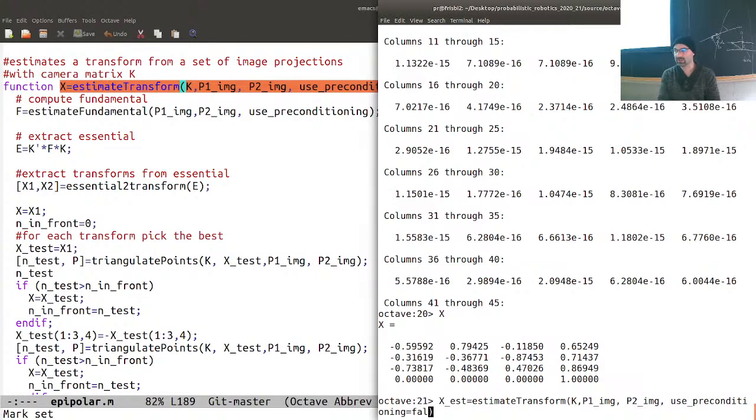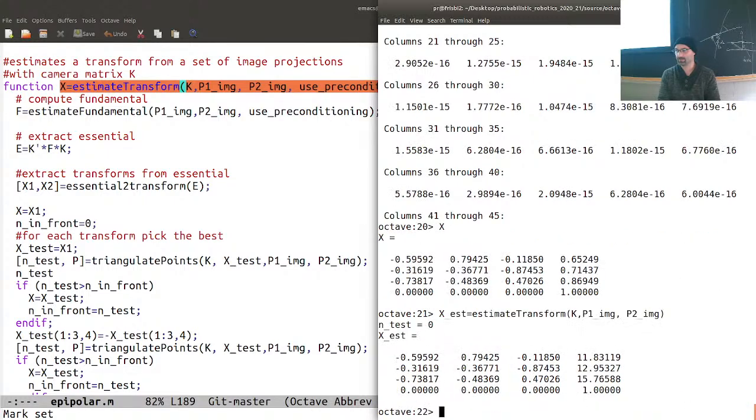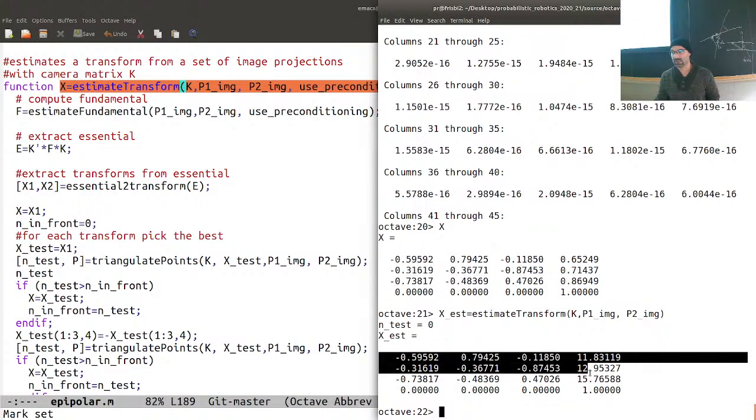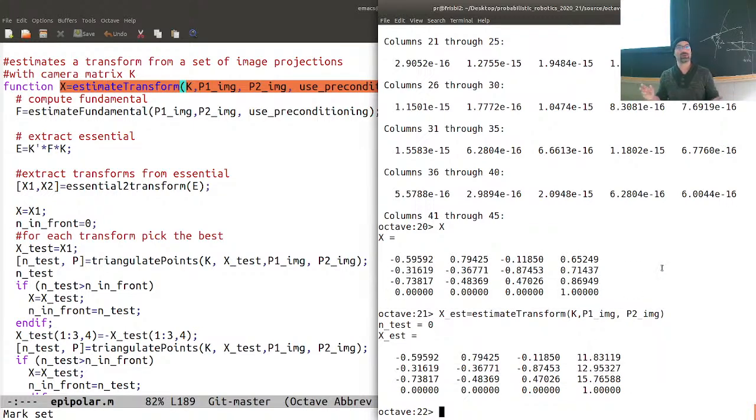Just to show that this business works somehow. Okay, this is my x, and this is the estimated x. Now observe that the rotation is perfect, but the translation isn't. But what could I do? I could compare the two translation vectors, divide one by the other pointwise, and see if they arrive at the same constant.